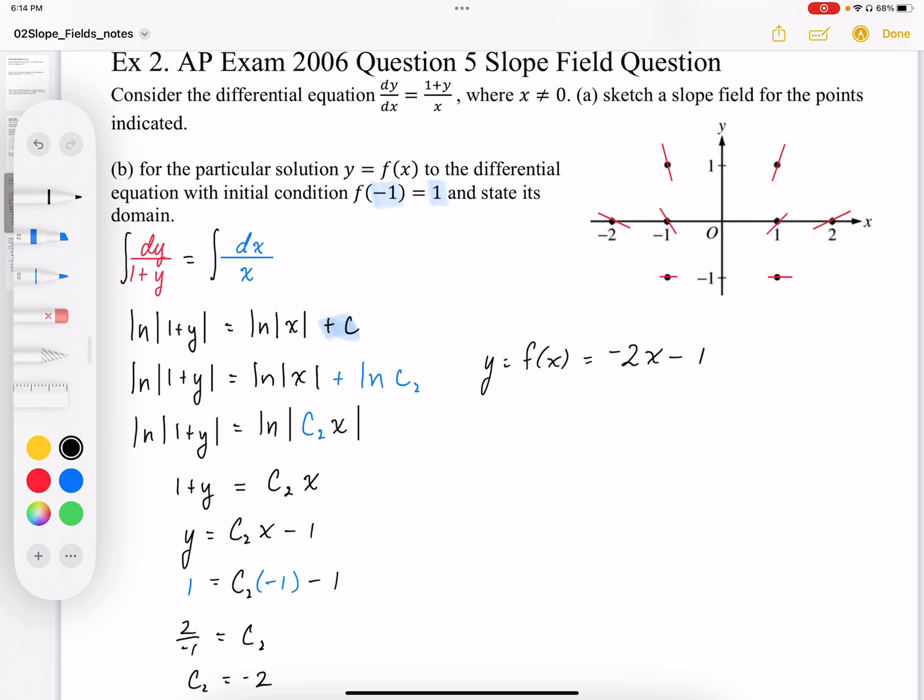And if we think of these linear equations that pass through this function, any starting point of x equals 0 will give us vertical asymptotes. So notice that these lines all seem to pass through the y-intercept of -1. They're just going to be all different equations with different slopes, in this case -2, and a y-intercept of -1. And we can't have one going through 0 because that will give us a vertical line.